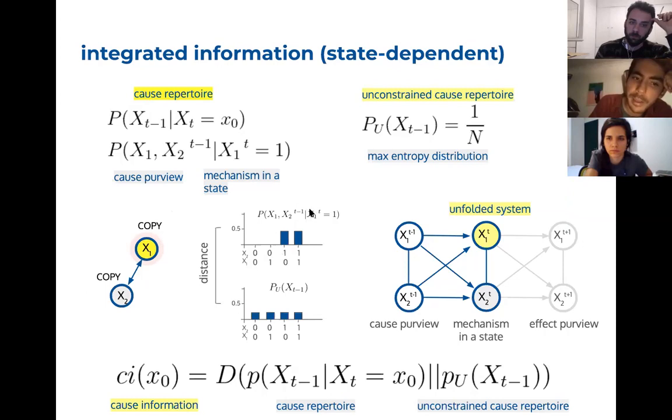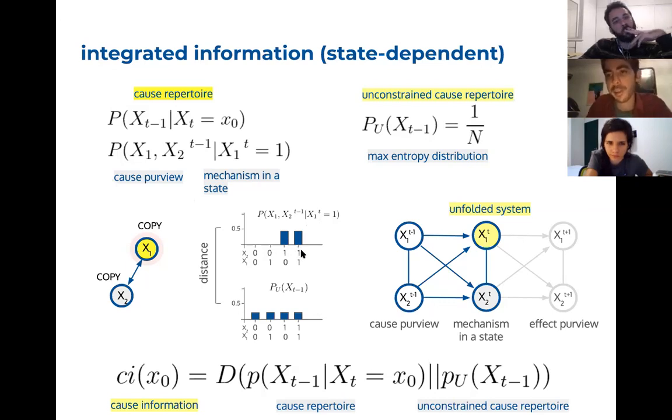The cause repertoire here is how it constrains its own self and the other unit. The system knows, by being what it is, that X2 was necessarily on, because it's a copy gate, but it doesn't know if it was on or off itself, because there's no way to know that just from the state it is in.